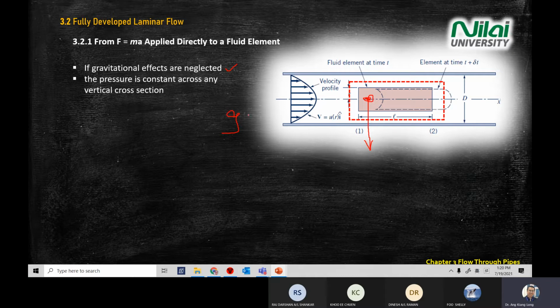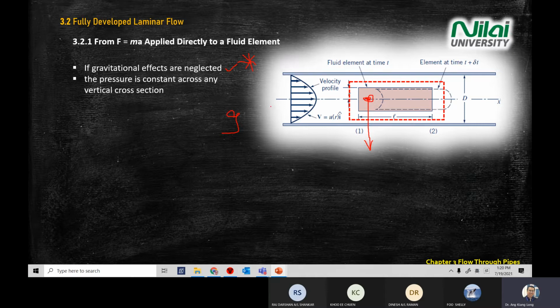However, in this case, we ignore the effect of gravity when we derive the F equal to ma equation for laminar flow inside a pipe. As we go deeper, we're going to add gravitational force into our equation. At this moment, we will not consider it.